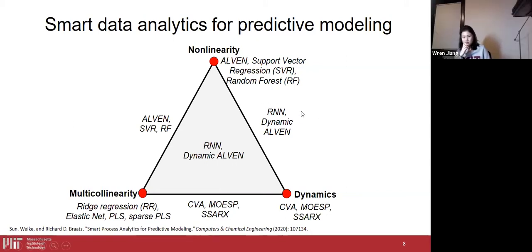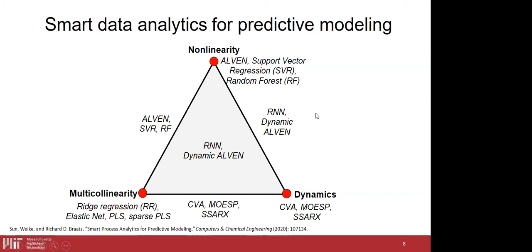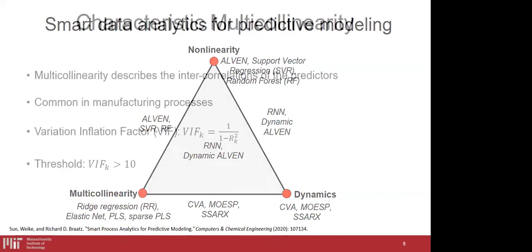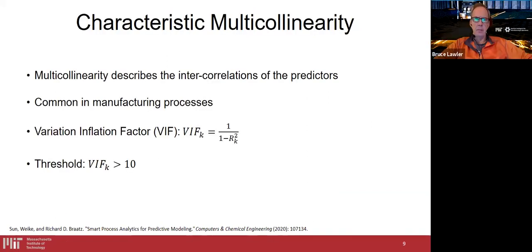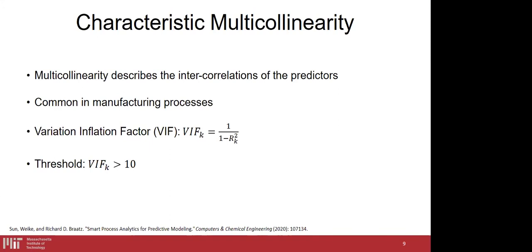Okay. All right, if there are no more questions, I would continue with the determination, with the calculation of the characteristics. So the characteristic multicollinearity is fairly straightforward. Multicollinearity just means that if I change one of my inputs, other inputs change with this single input.